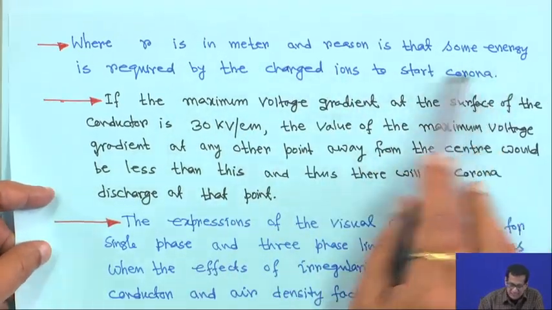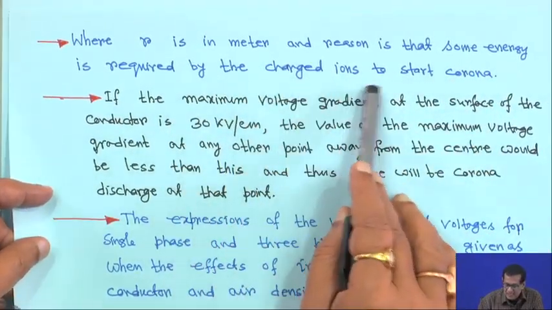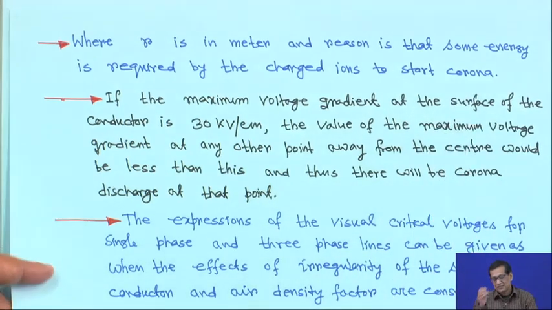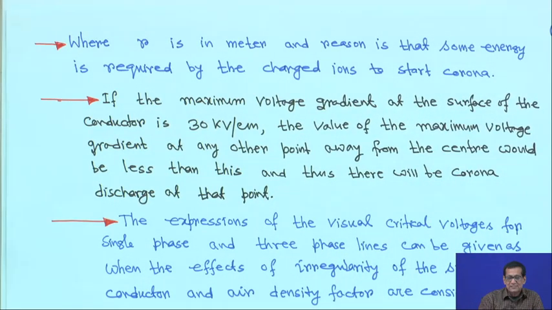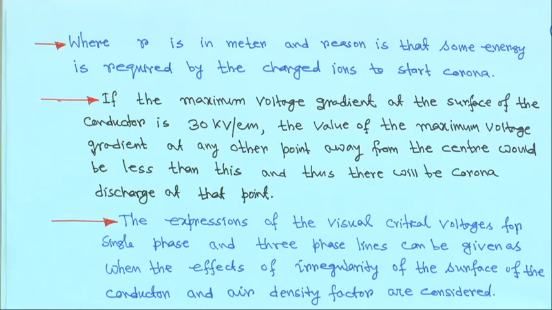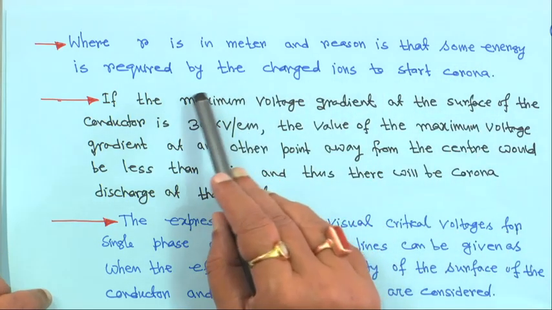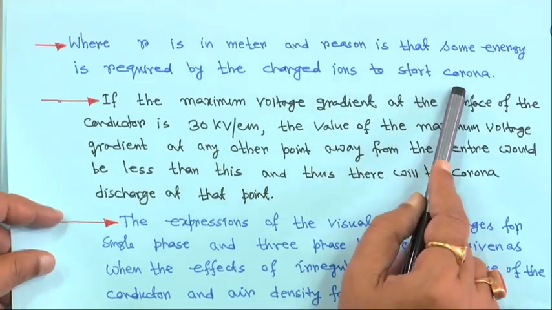The reason is that some energy is required by the charged ions to start corona.